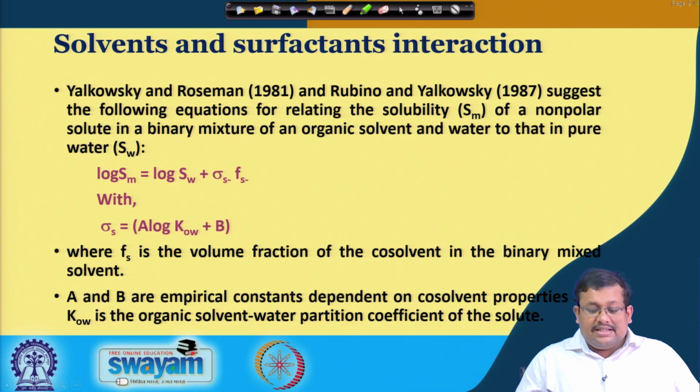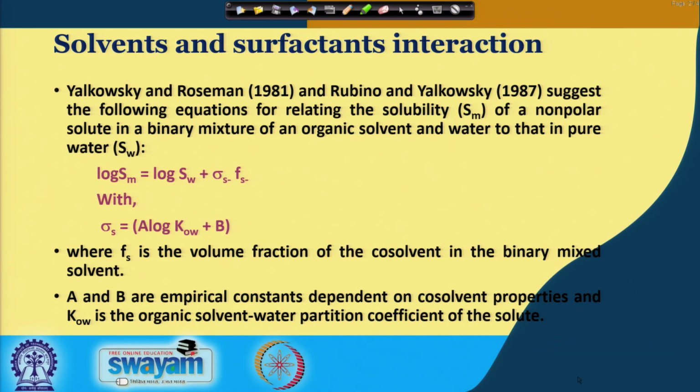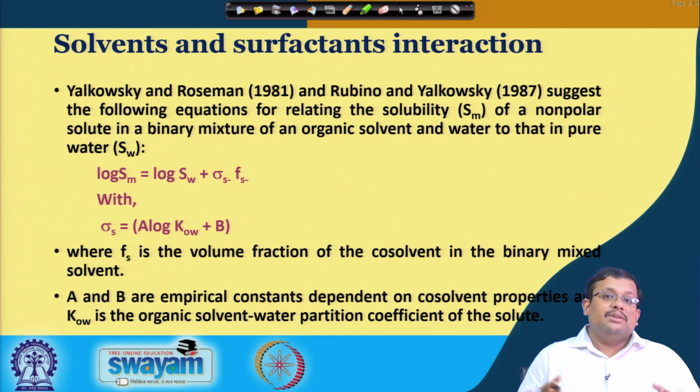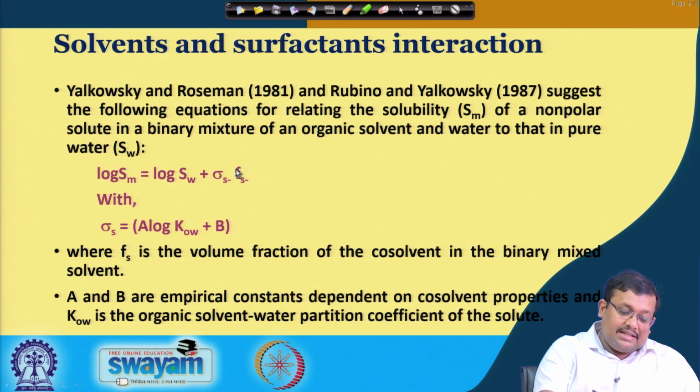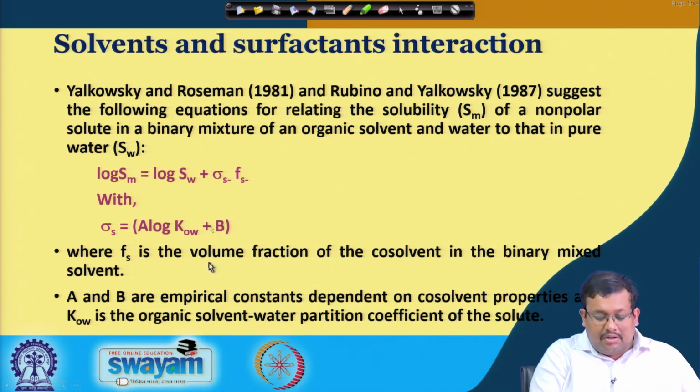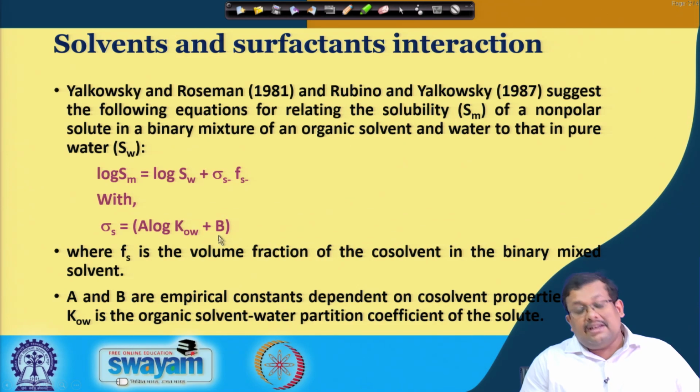We discussed this in terms of the relationship for solubility in a mixture of solvents, which is basically the summation of solubility in pure water plus the component sigma f sigma s, where sigma s takes the form A log KOW, where KOW is the organic solvent-water partition coefficient, and A and B are empirical constants that depend on co-solvent properties.